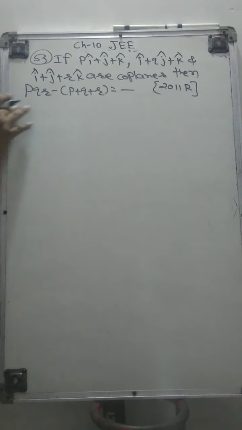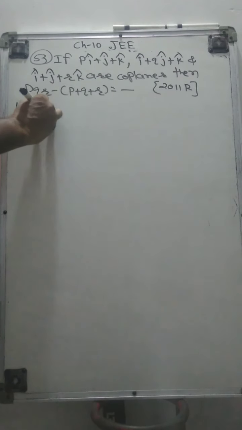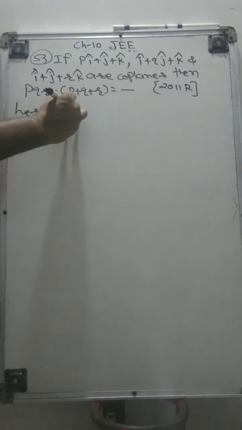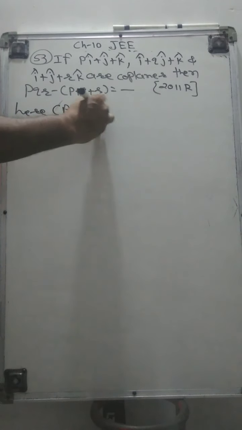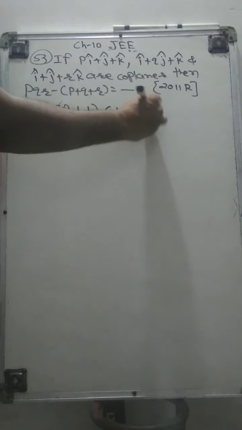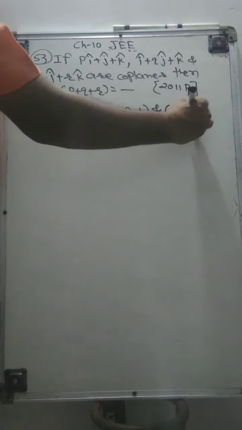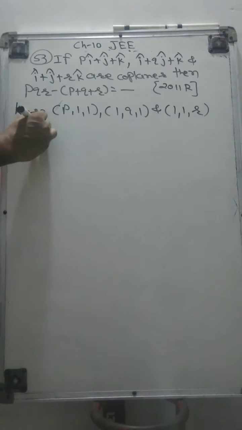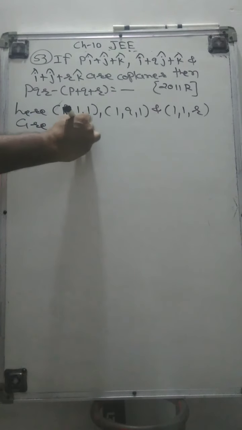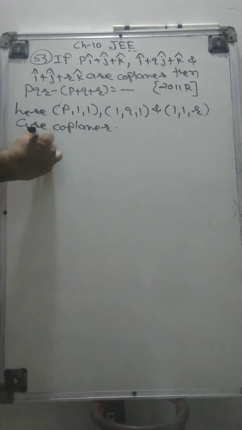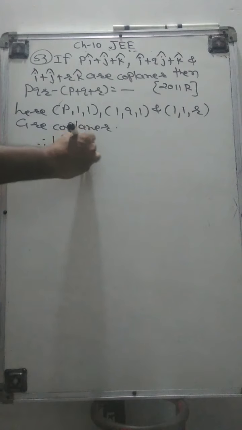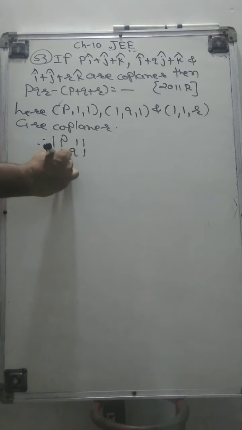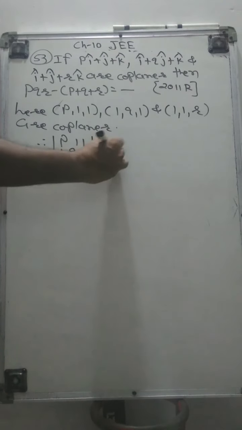Here we just take P11, 1Q1 and 11R are coplanar. Therefore we can say that the determinant of P11, 1Q1, 11R equal to 0.